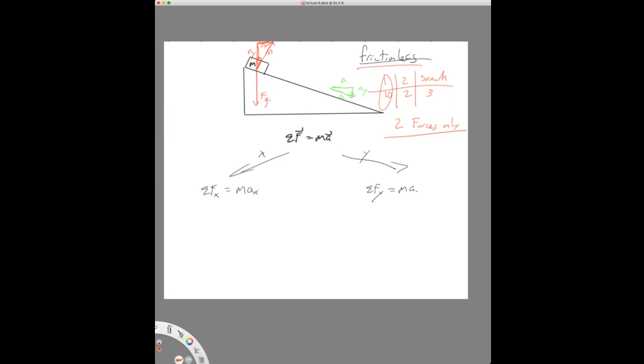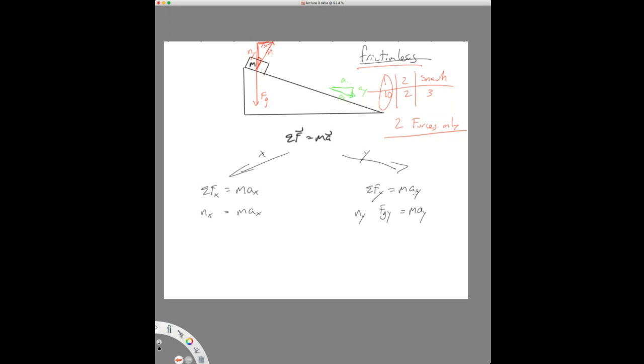So the force of gravity has no x component. So we're going to have nx equals m times ax. And then we come to the y equation. We're going to have ny and force of gravity y equals m times ay.